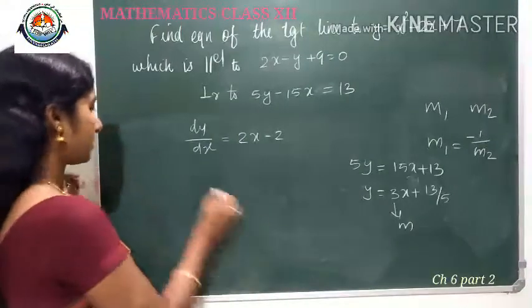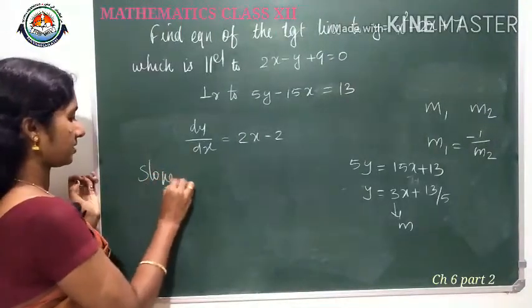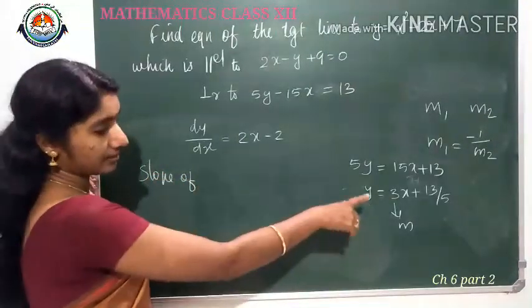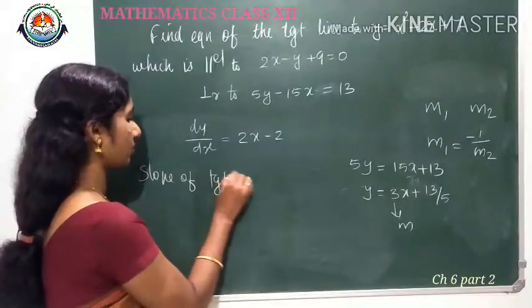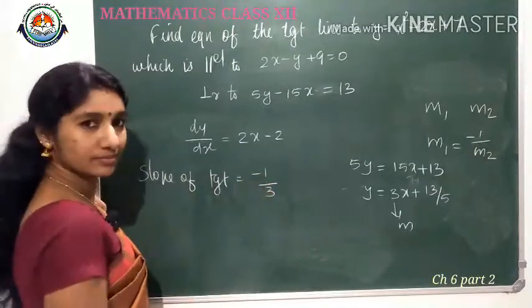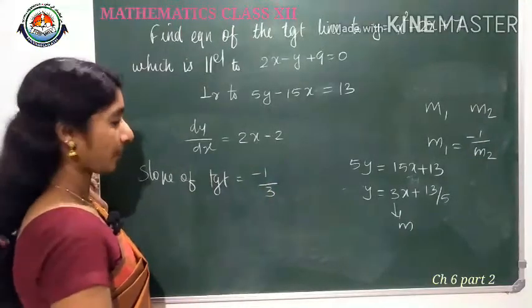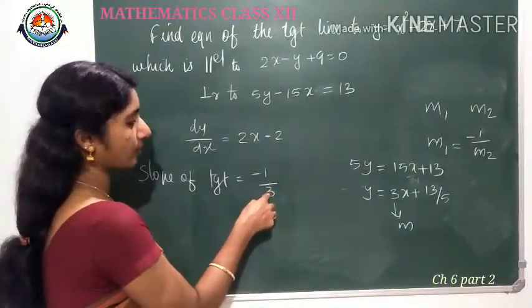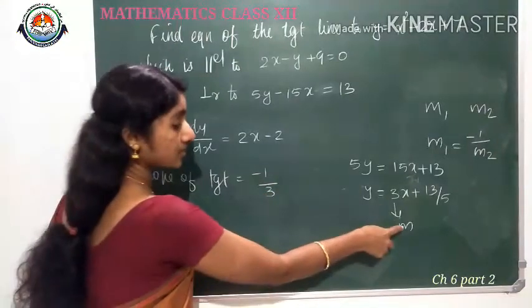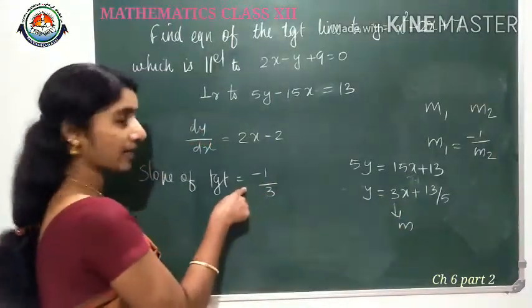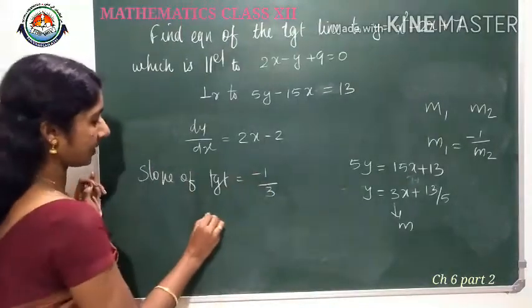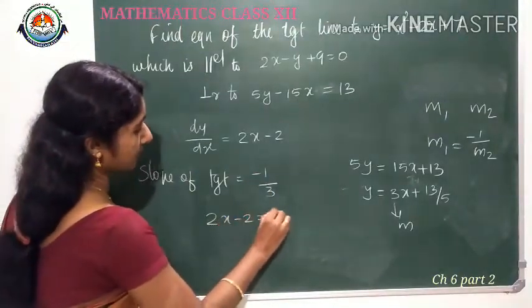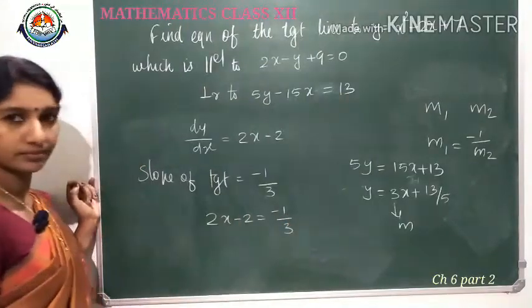So, what will be the slope of the tangent? Since 3 is the slope of the line, the slope of the tangent is equal to minus 1 by 3. This is a slope of 3, and its perpendicular line is the tangent, so it is minus 1 by 3. Then what we can do? 2x minus 2 is equal to minus 1 by 3.